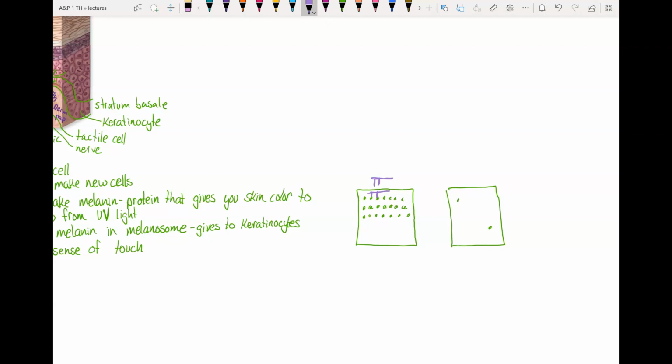So you will send 2 signals to your brain. And your brain will feel 2 things. So you will say, oh, I felt 2 different things touch me.